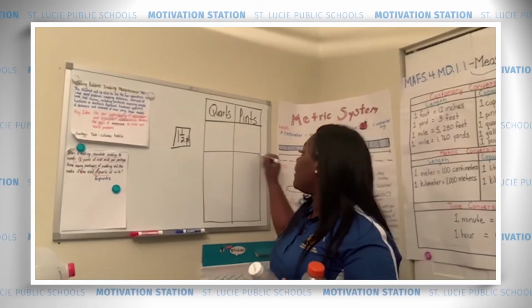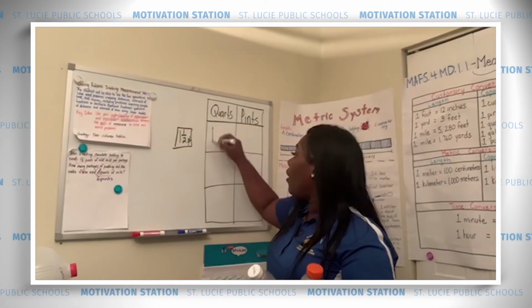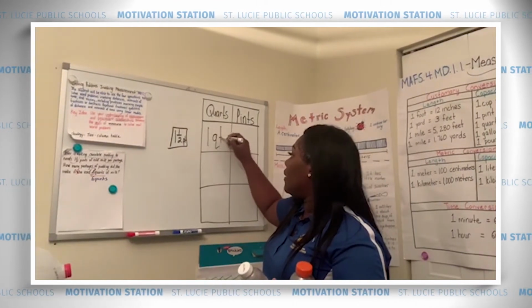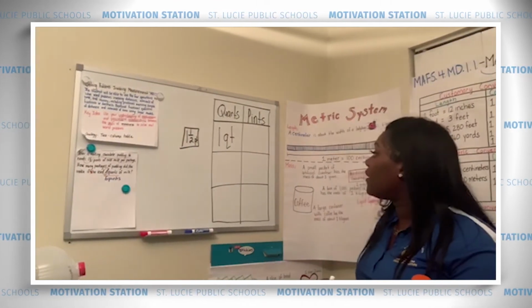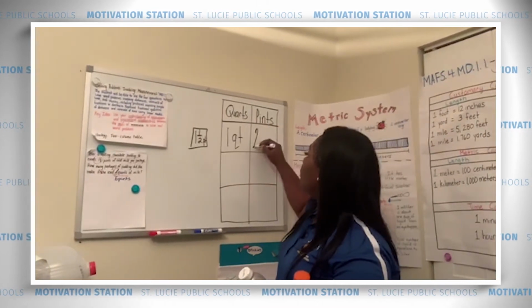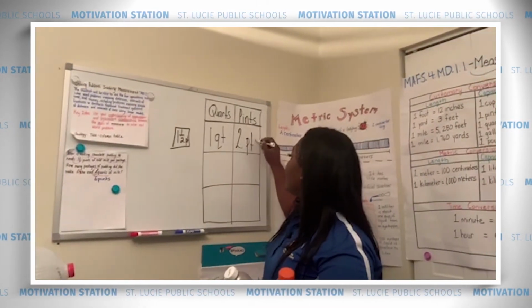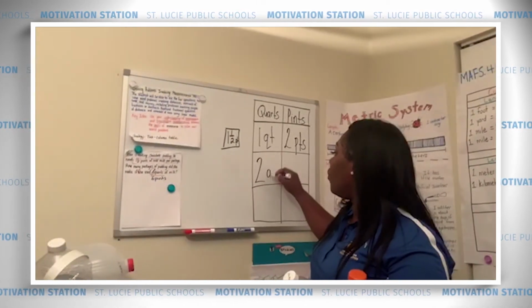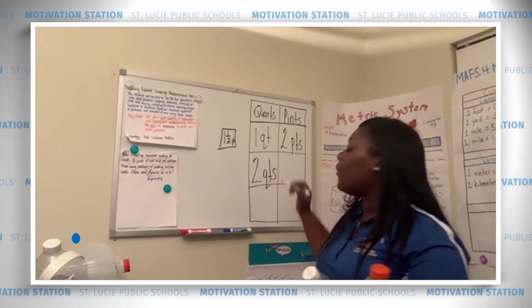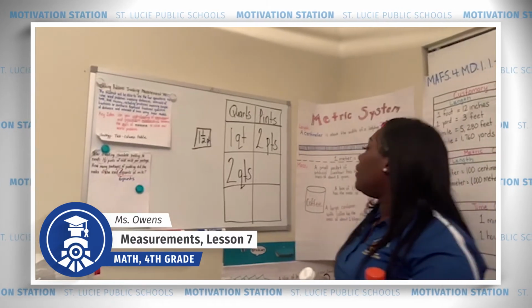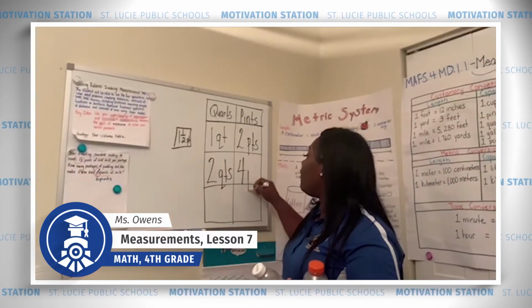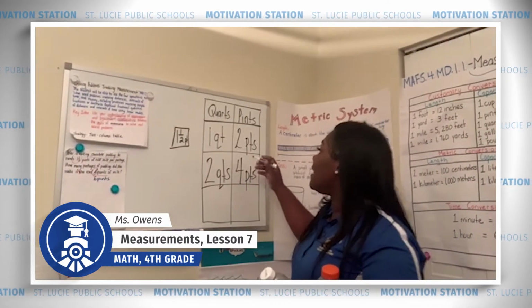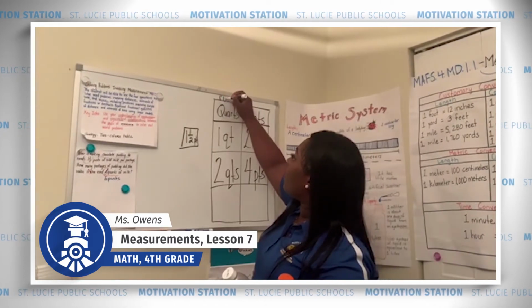If we're just looking at 1 quart, we know that 1 quart is equivalent to 2 pints. And if we throw in another quart, and now we have 2 quarts, we will now have 4 pints, and we can go back and revisit our rule.